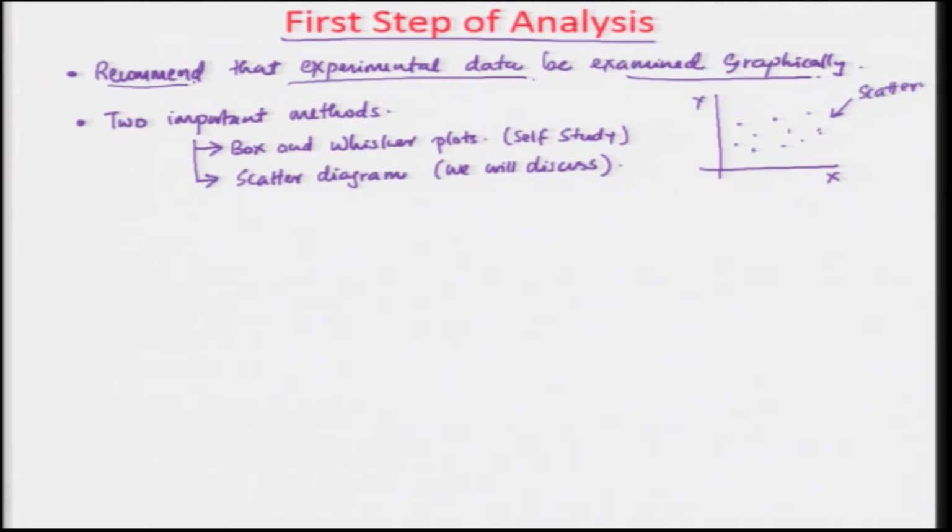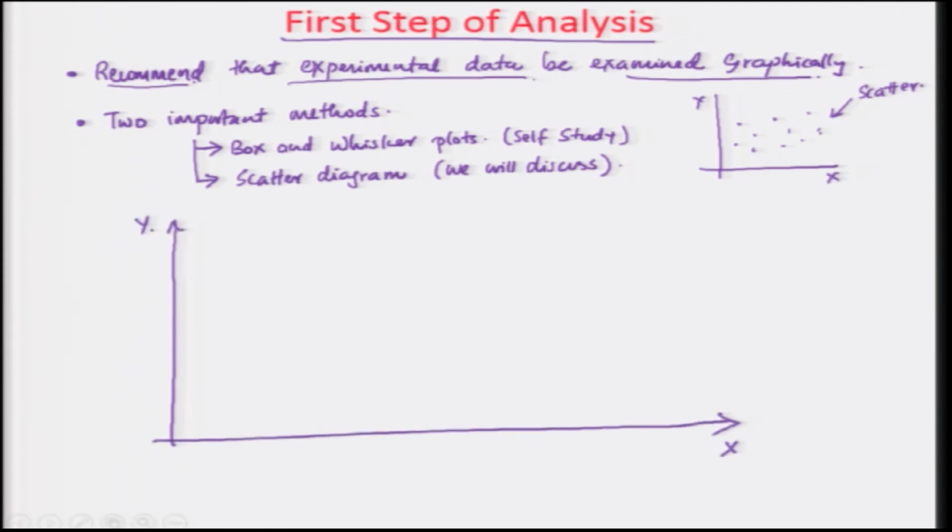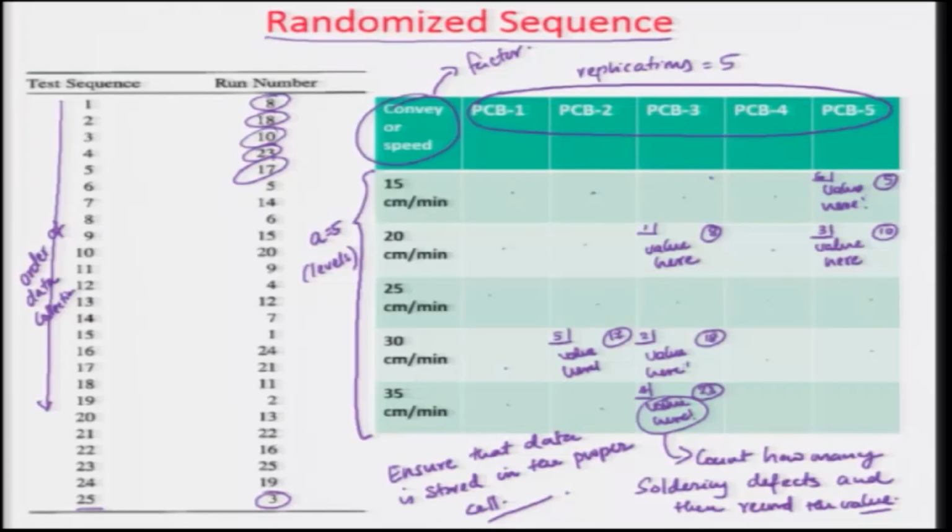In our case, we are going to do it in a slightly different fashion. Let me explain one example. Typically in ANOVA, the way we do this is something like this. Here is your x and your y. What were we counting?